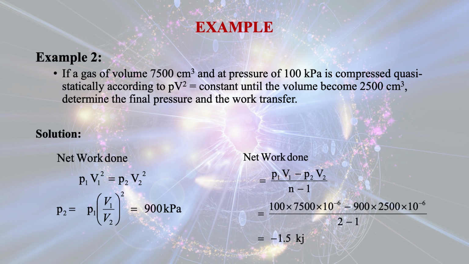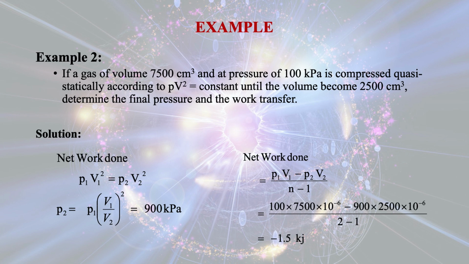See, from this polytropic equation, P1 V1 square is equal to P2 V2 square. So we can calculate the final pressure, that is P2 is equal to P1 within bracket V1 by V2 whole square. So P1 is given as 100 kilopascal, V1 is 7500 and V2 is 2500 centimeter cube. So P2 we can calculate, that is 900 kilopascal.